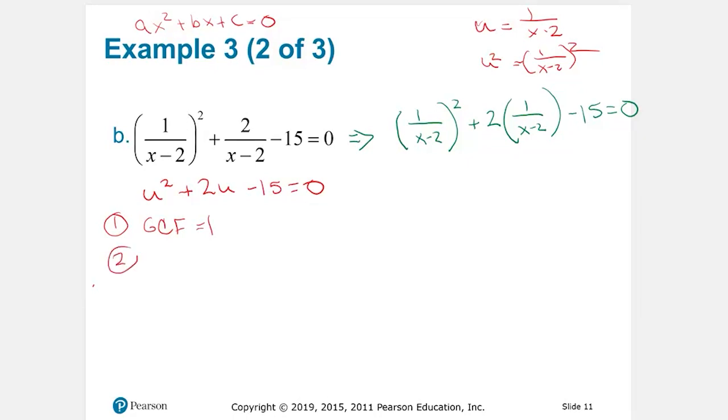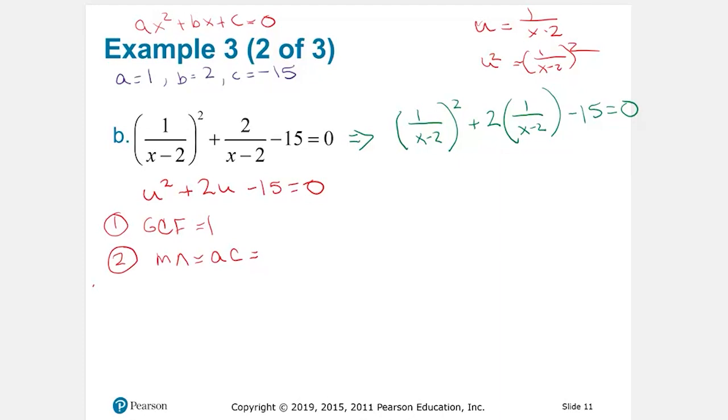Second step, I really want to find two numbers that multiply together to give me a times c. So let's write down here what a, b, and c are. a equals 1, b equals 2, and c equals negative 15.